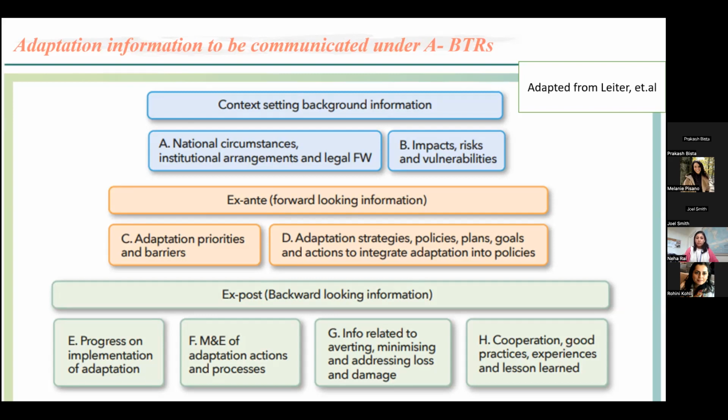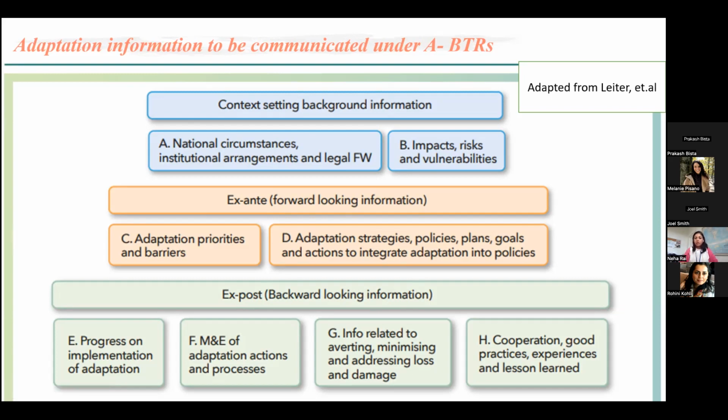And Chapter 4 has certain information which will be shared. One is the context setting background information, more ex-ante information on adaptation strategies and priorities, and the ex-post information on how countries are performing as a result of these efforts on adaptation.